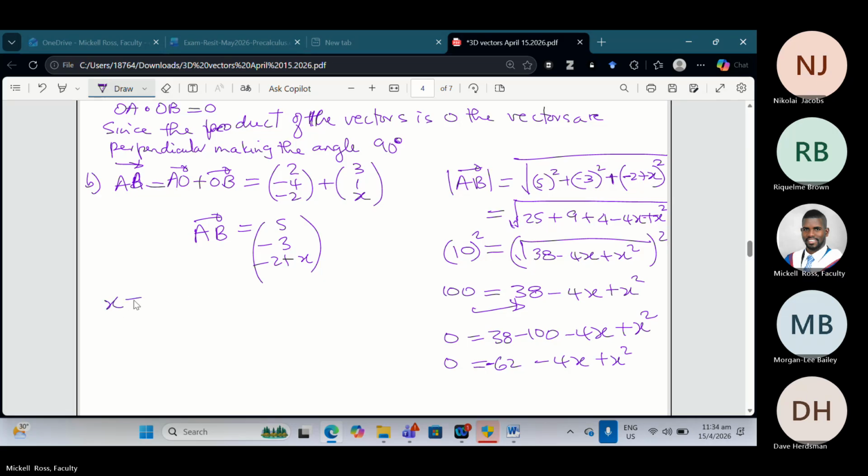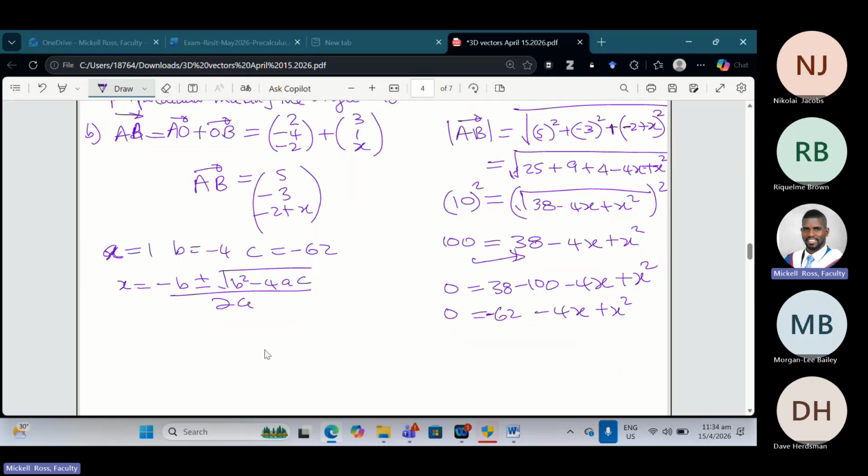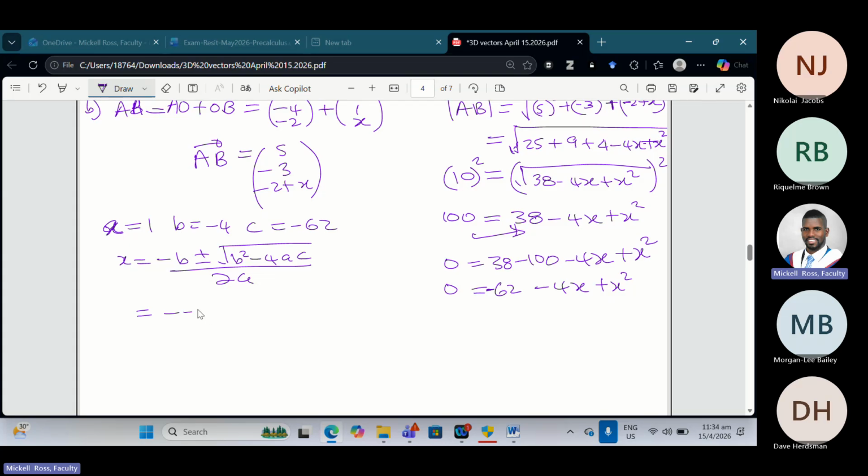So a is equal to 1, b is equal to negative 4, c is equal to negative 62. So x is equal to the negative of b plus or minus the square root of b squared minus 4ac, all divided by 2 times a. So this is the negative of negative 4 plus or minus the square root of negative 4 squared minus 4 times a times c, all divided by 2 times 1.